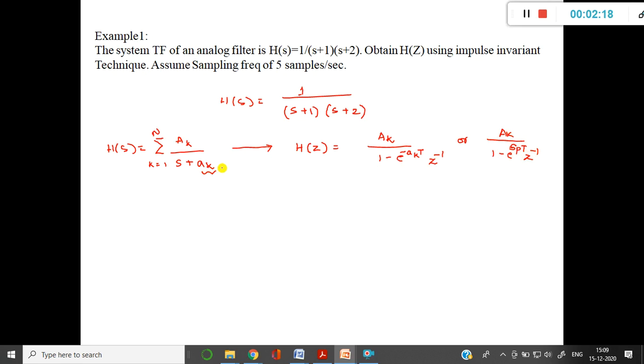So here s_p is equal to minus a_k. That is what the transformation was all about.